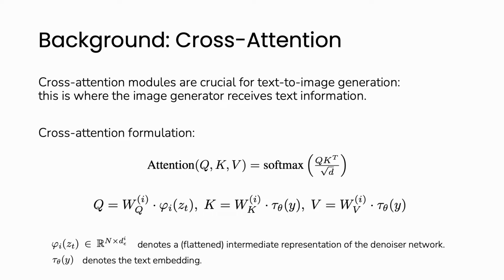In fact, cross-attention is the only place where the image generator receives text information. It is different from self-attention, where the query, key, and values are all from the input, that is, the images. In cross-attention, the query is from the images, and the key and values are linear transformations of the text embedding, and the output is a weighted sum of the values.